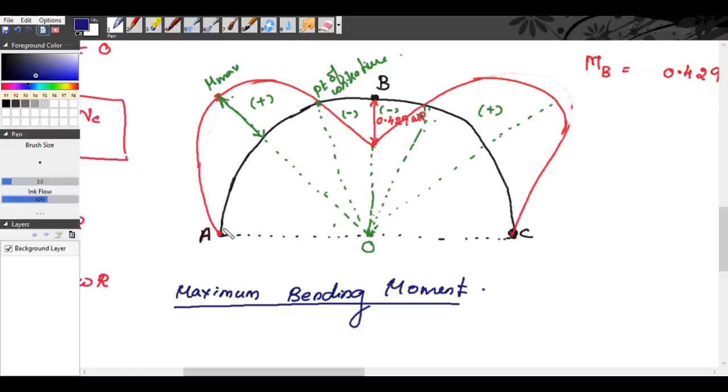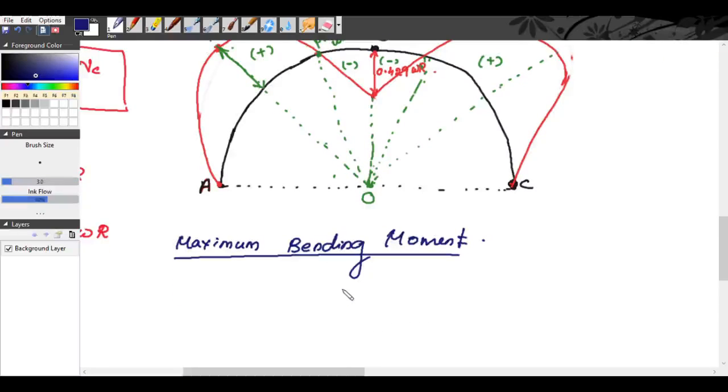It occurs at some point between A and B. This maximum bending moment is occurring at some point between A and B, and also between B and C, because it is symmetrical. So for M theta to be maximum, the condition is, we know for finding the maximum or minimum, the differentiation will be equal to 0.